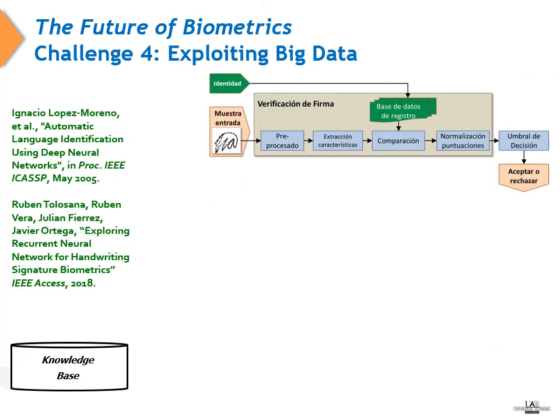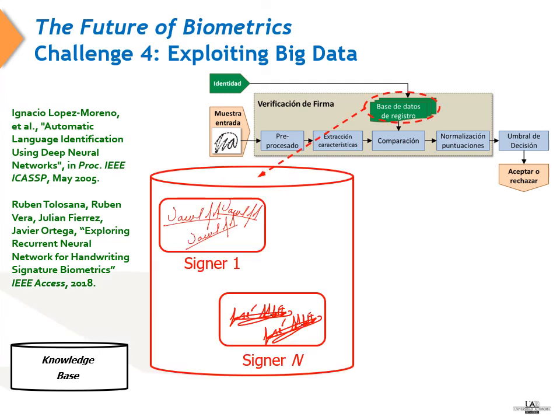And then the last one is exploiting big data. We have seen that we have this kind of database of enrolled templates, and the size of the database is very important for designing and building our system.